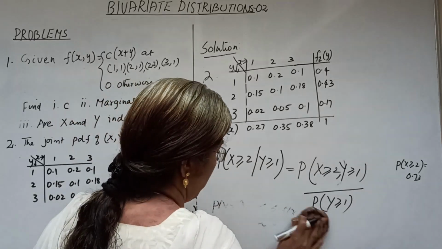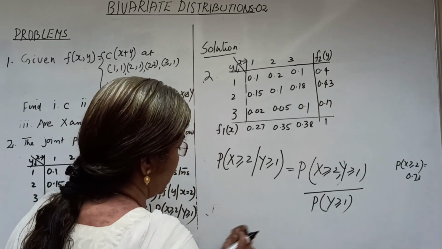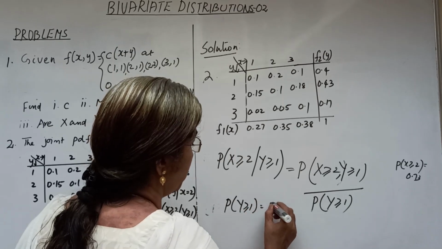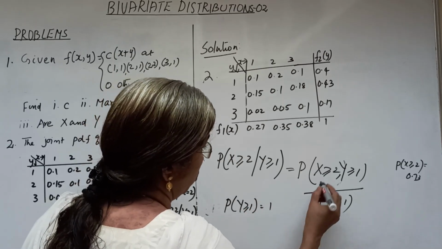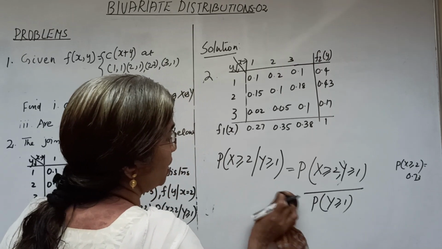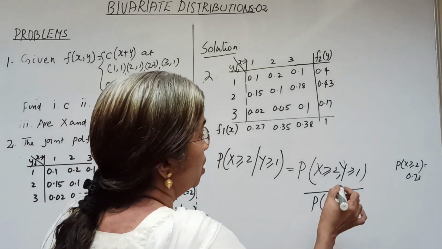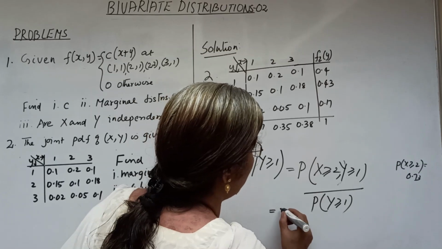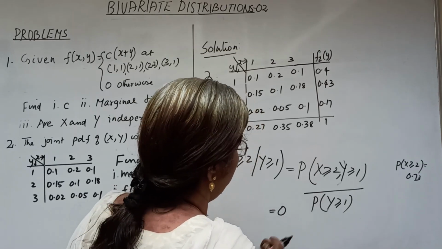So we have obtained probability y greater than or equal to 1.